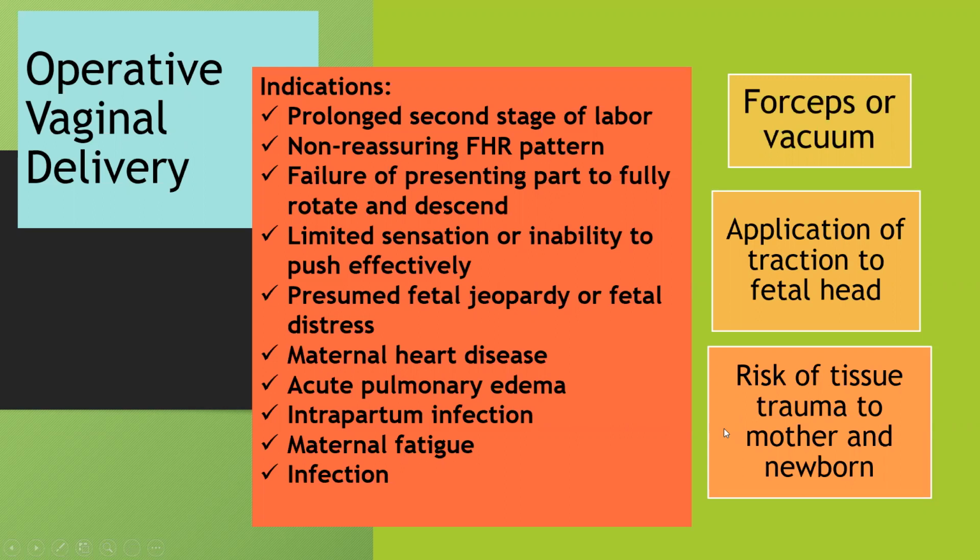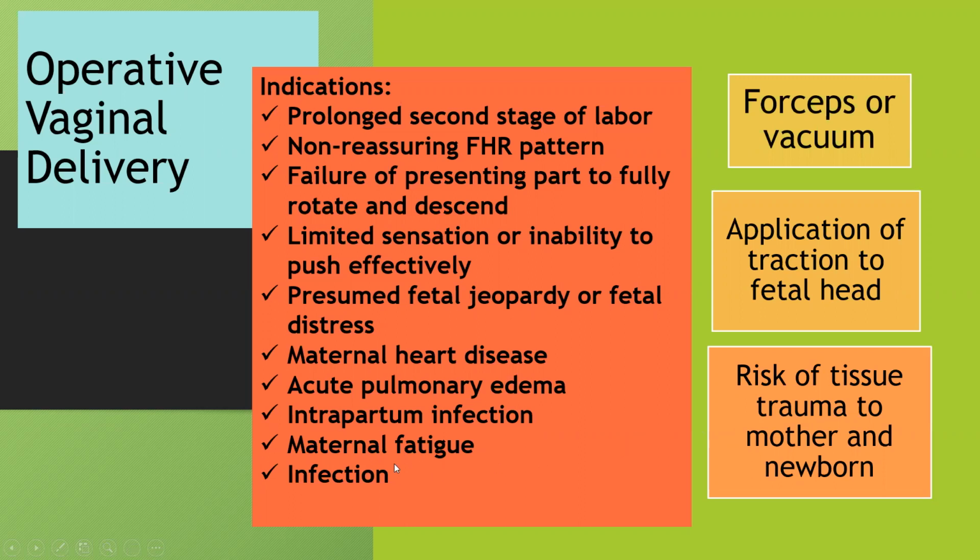So baby is showing us it's going to be better on the outside than on the inside based on the heart rate. And so a vacuum might be applied. There are rules associated with using these vacuums, the amount of time it can be applied, the amount of time the provider can pull, how many pop-offs, how many times it pops off the skin. And we always need an exit strategy if one of these is going to be applied.